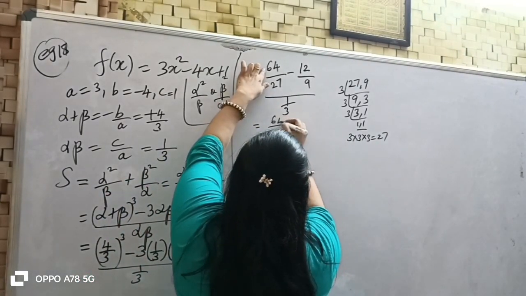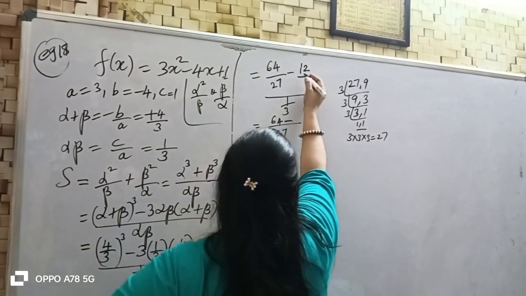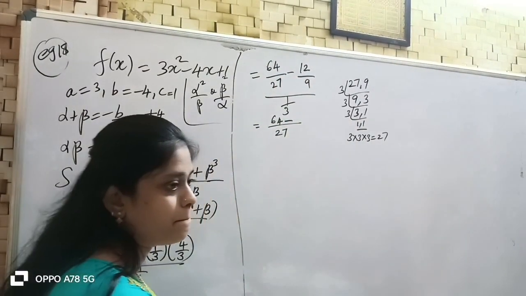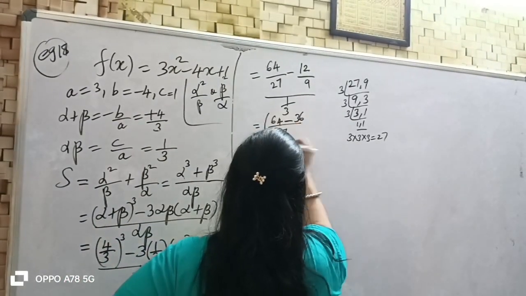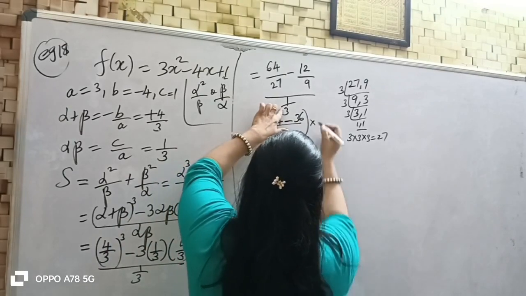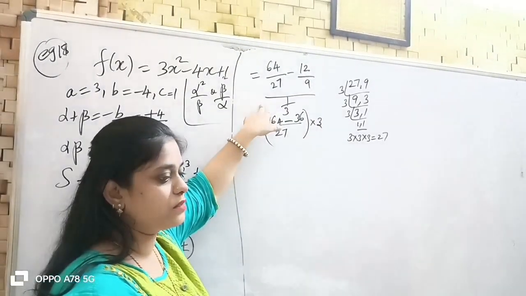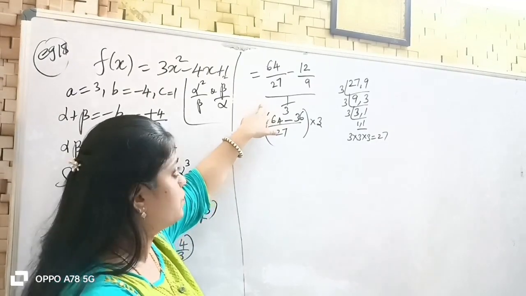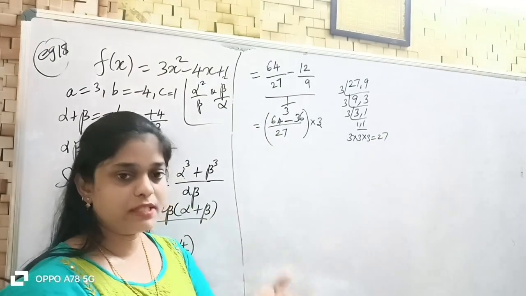So write your numerator as it is. Here missing, that is 9 is present. So 3 you have to multiply here. 12 into 3. 12, 24, 36. Okay. And this becomes 3. The divide becomes into and then this fraction becomes reciprocal.